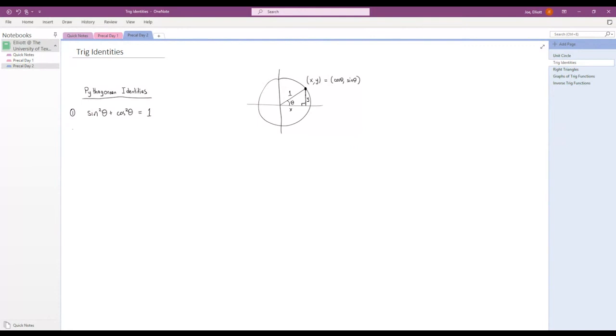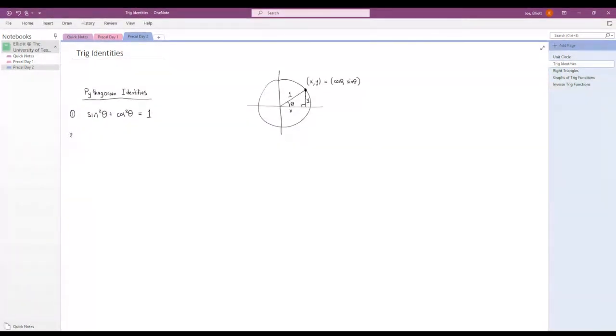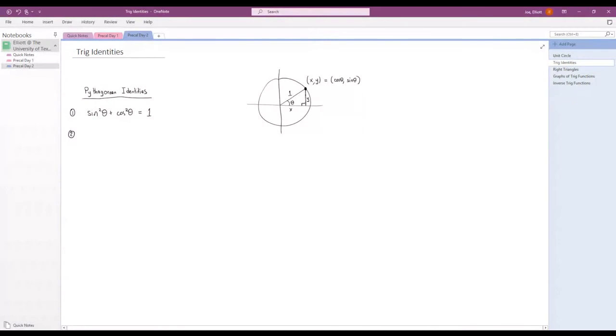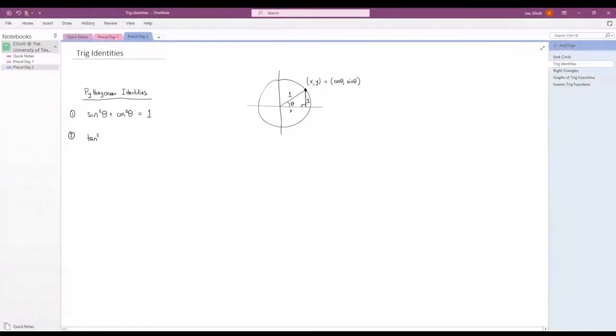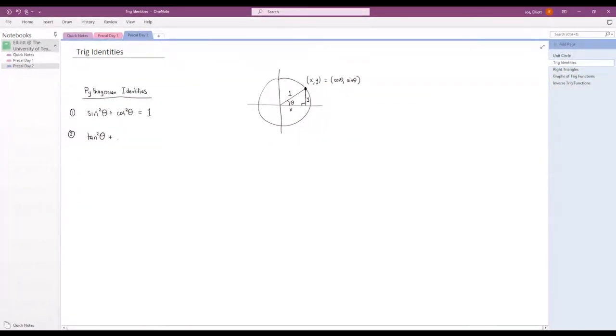Now, after you get that identity using the Pythagorean theorem, you can get some other identities by manipulating this first one. If I take this first equation and divide everything by cosine squared, sine over cosine is tangent, so sine squared over cosine squared is tangent squared.